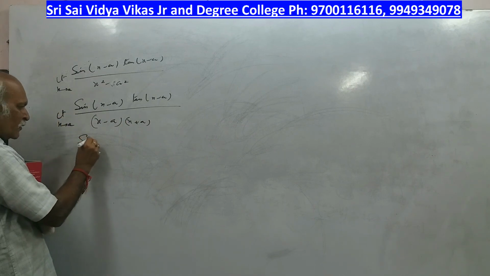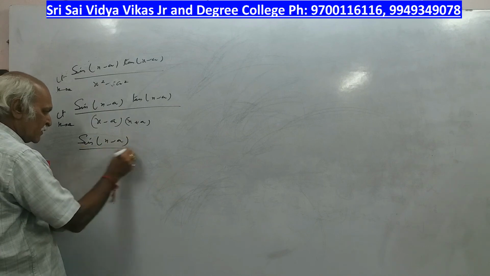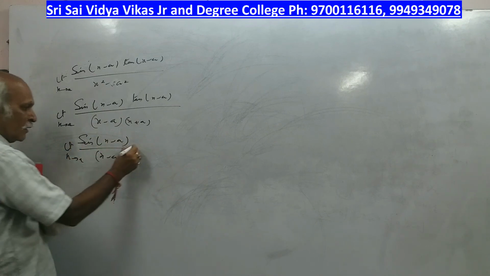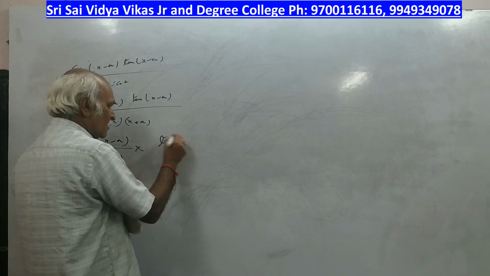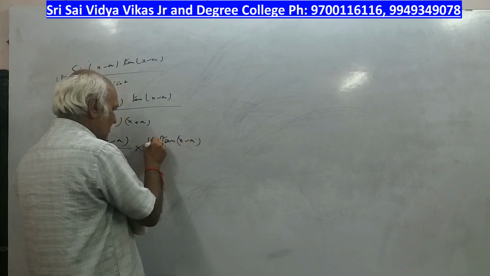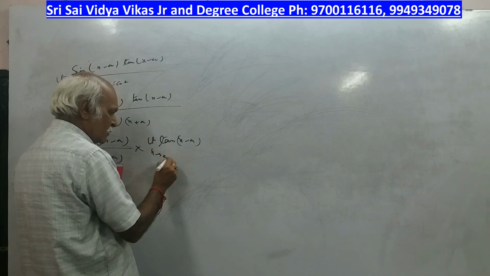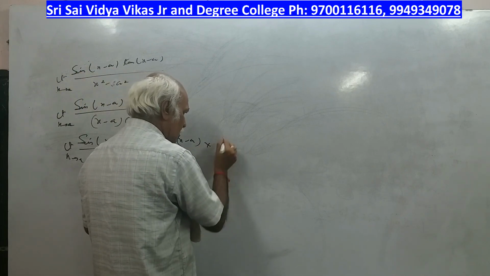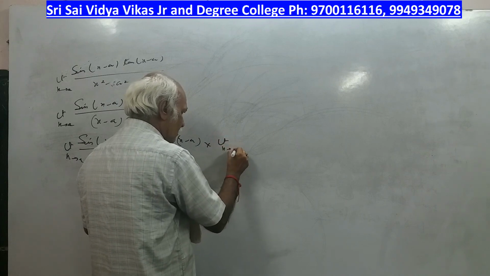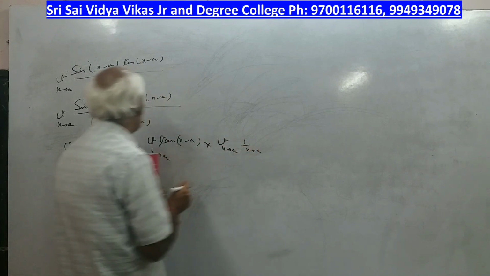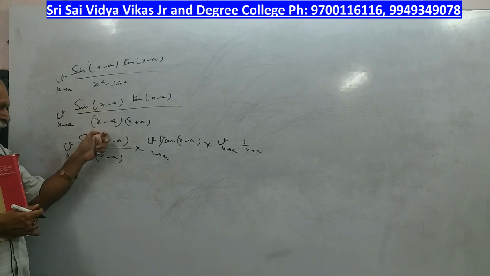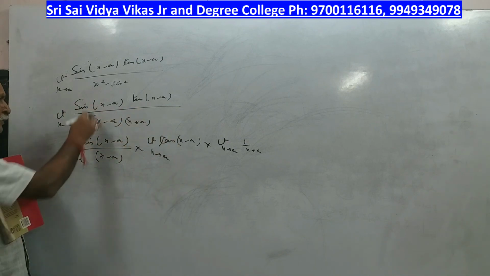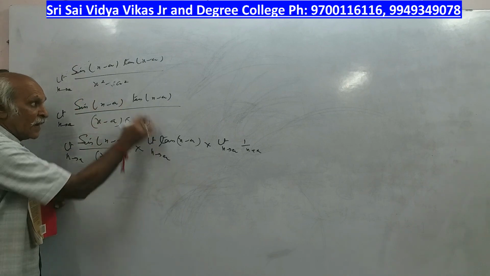So sin of x minus a by x minus a, into tan of x minus a, limit x tends to a, into 1 by x plus a. So what I have done: sin of x minus a by x minus a, tan of x minus a, then 1 by x plus a, means 3 parts. Under this we have written it, sir: tan one, and 1.